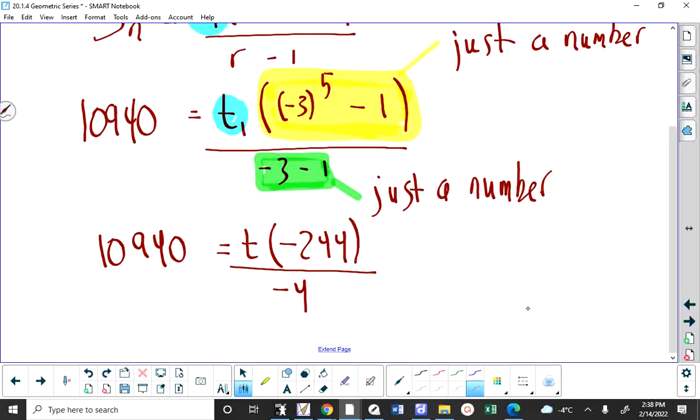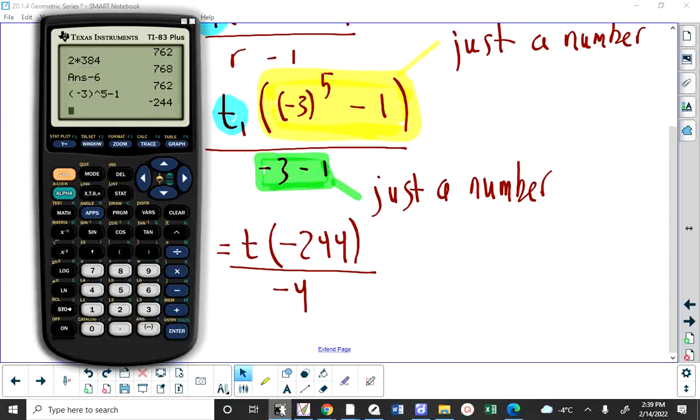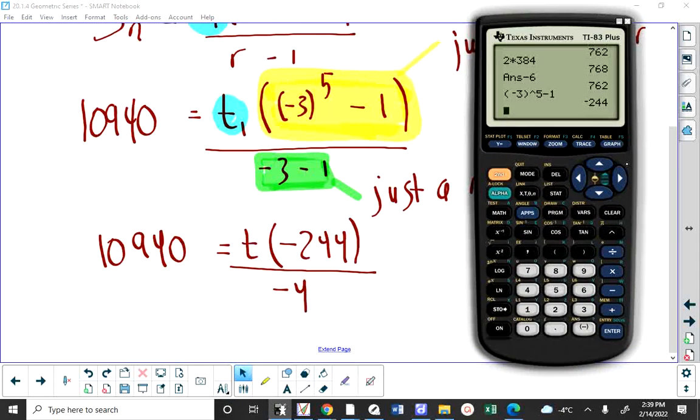So, I guess I kind of take it back. We could do it the way I said. To get rid of the negative 244, you'd have to divide by negative 244. Okay, let's try that. 10,940 divided by negative 244 is this, and then we would have to multiply by negative 4 to get rid of the negative 4 on the bottom.